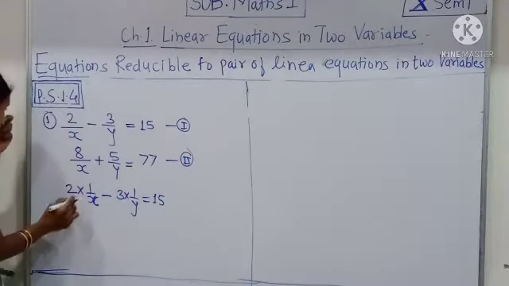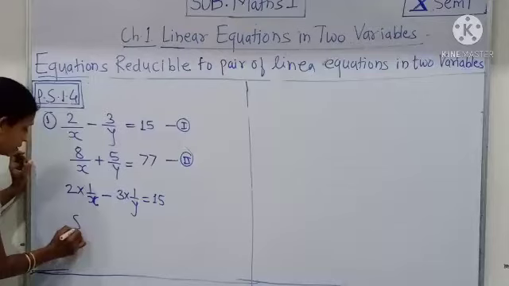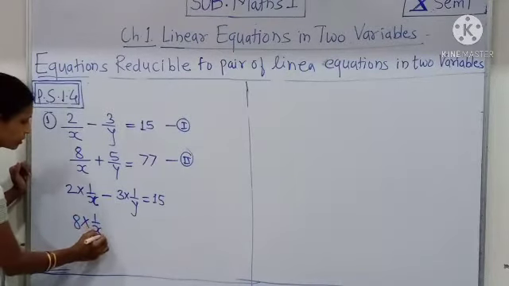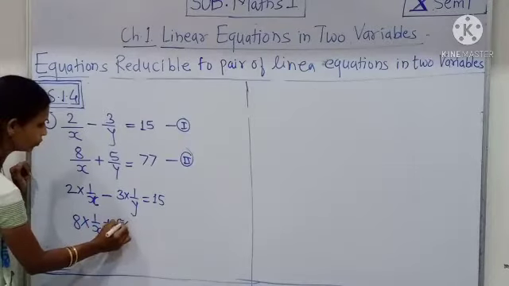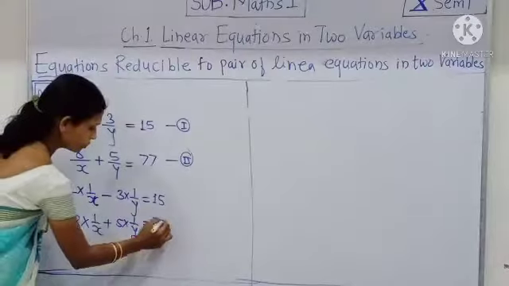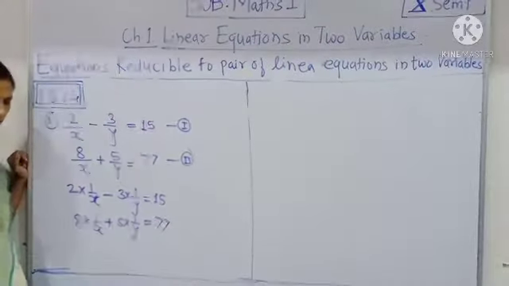And the second equation is also written like this: 8 into 1 upon x plus 5 into 1 upon y is equal to 77.